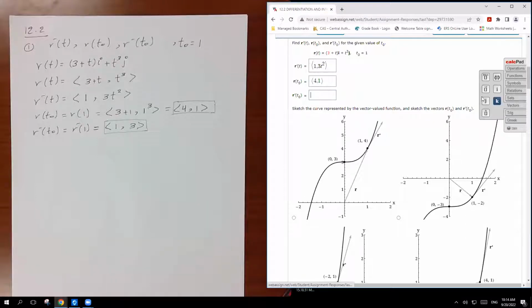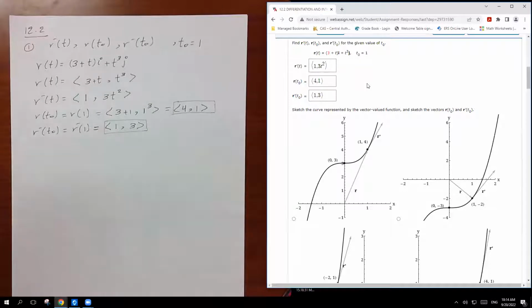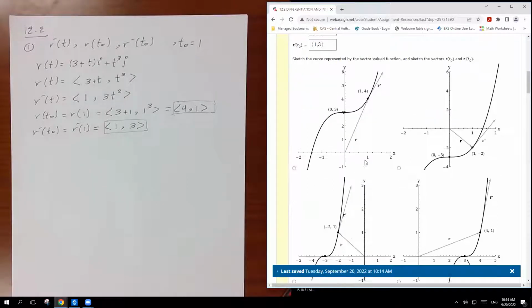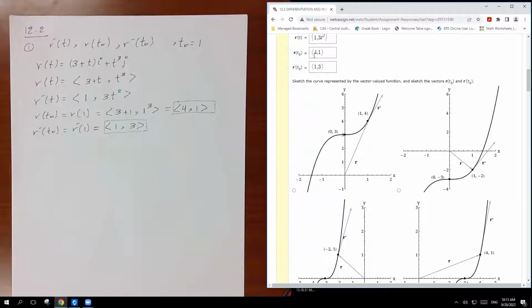The next part, we have to check how we're going to graph it. The first thing, we're going to graph the function r of t naught, which is 4, 1, because we need to choose which one is the right one. So here is r, but 4, 1, not 1, 4.